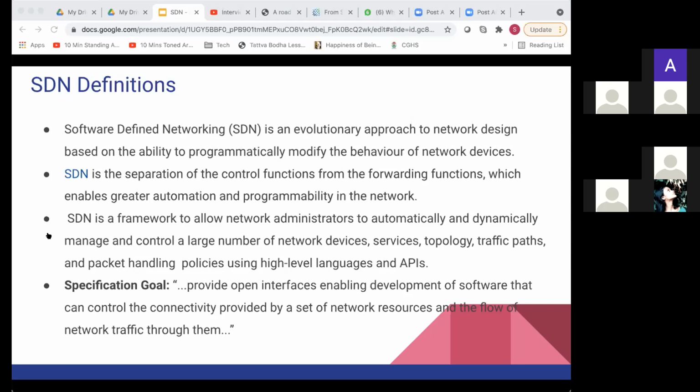In essence, this is a paradigm where we can modify the behavior of network devices in a very programmable fashion. That is the insight: if we can find the topology of the network automatically, and tell the switches automatically how to modify the forwarding state dynamically and programmatically, that's SDN.